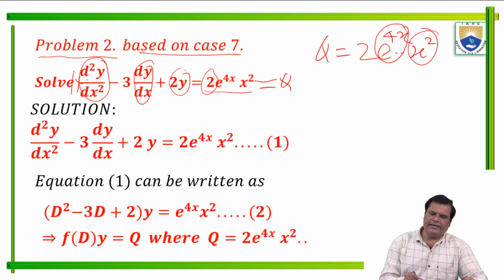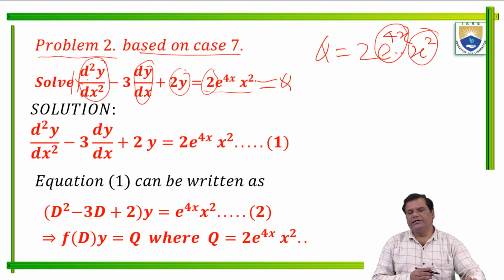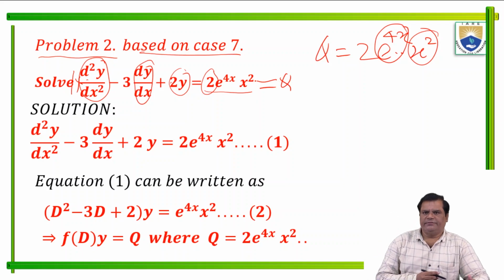In each term there are only numbers: here one, here three, here two. So on the left hand side there are only numbers multiplying the derivatives, so we can say that this differential equation is known as a differential equation with constant coefficients.